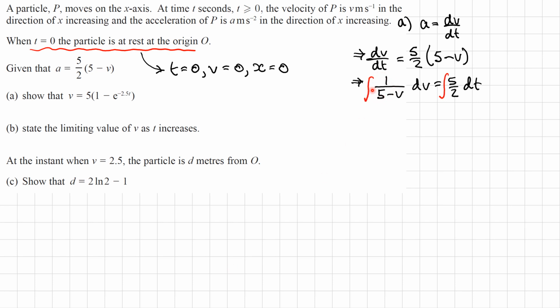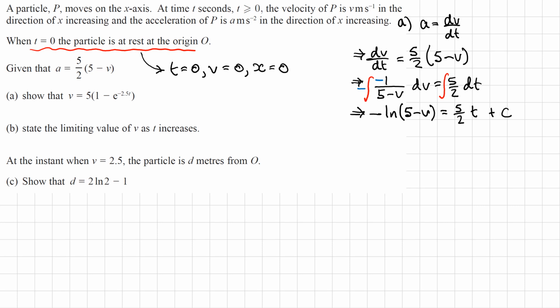Now, to be able to just take the log of the bottom, I know that if I differentiate the bottom, I'm going to get -1, so I'll put a negative there, and we need to put a negative there to keep it balanced. So what we have now is negative log (5 minus v) is equal to 5 over 2 t plus c.